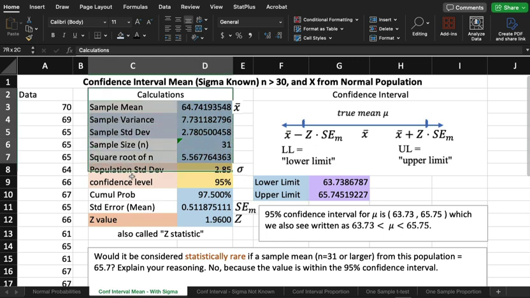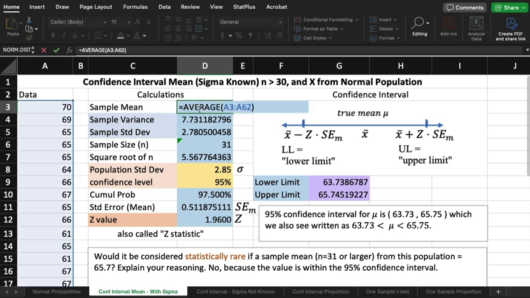As we go, I will explain everything that you're seeing here. Let's start with the calculations here in columns C and D. Column D, as in David, is going to be where all of our calculations are. For the sample mean, you're either going to be given that in the problem, or you have your data in front of you. So let's just calculate the sample mean from our data. That's going to be equals average, parenthesis, and then the data sits within these cells A3 all the way down to A62 potentially.